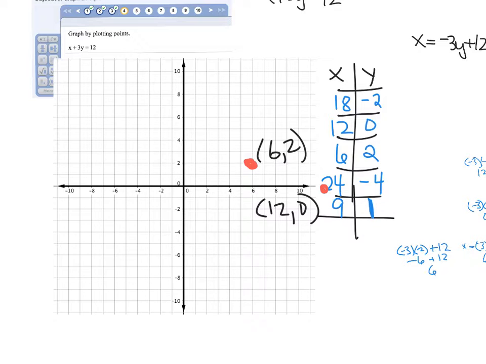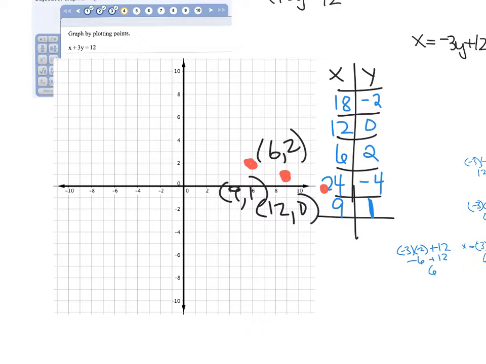And then the last one that we're able to fit is 9, 1. And 9, 1 is going to go right about here, in that we know that 9, 1 is right there.